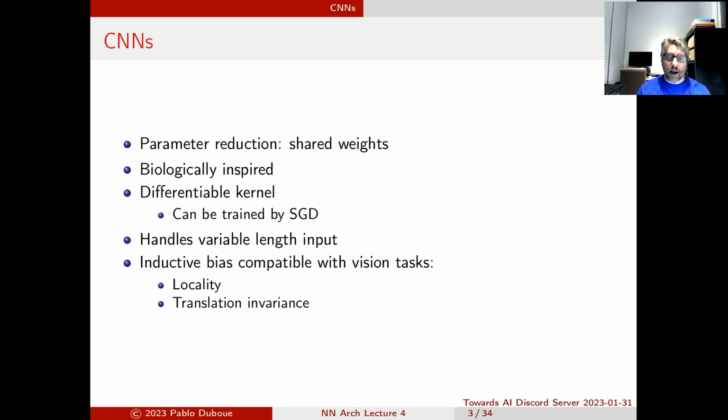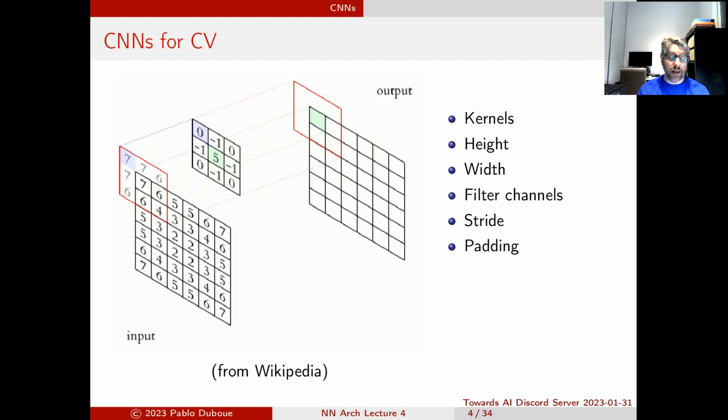The network captures all those biases in itself, which means that you don't need training data to learn them. The network architecture already enforces them, and because they go hand in hand with the problem itself, the data is much more efficiently used, because the data can then be used to learn things relevant to the task rather than these inherent issues.